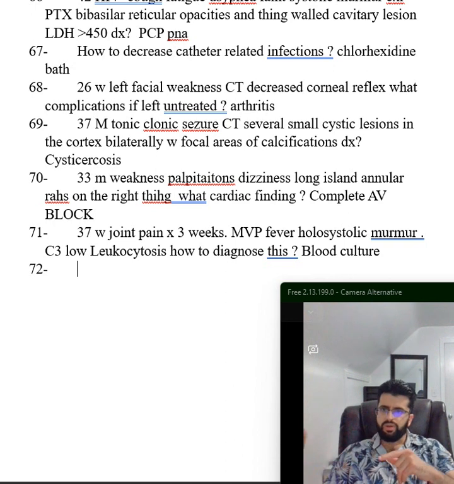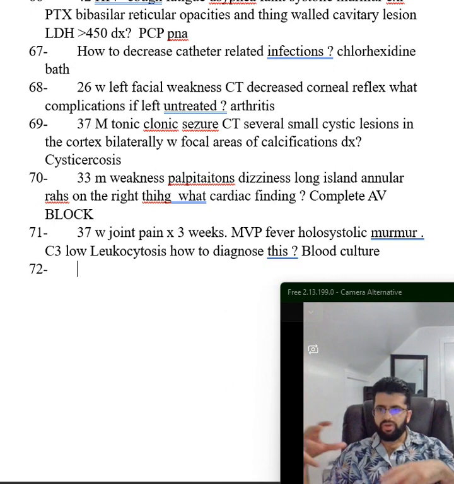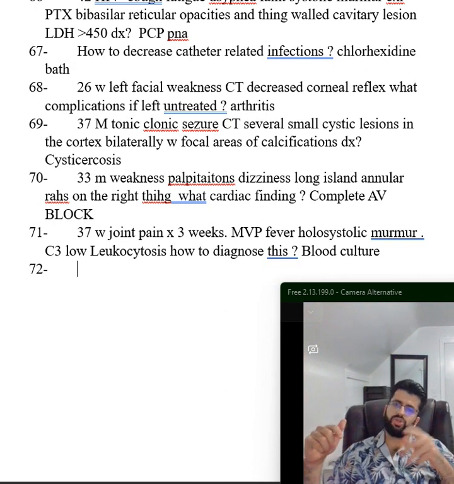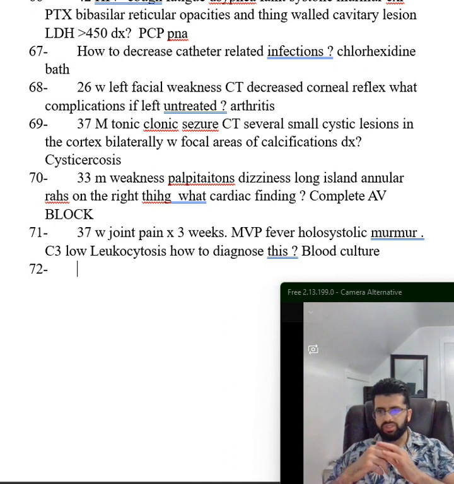And then if you just have 3 minors, then you need 1 major to diagnose it, okay? Possible endocarditis can be 1 major or 1 minor or 3 minors, so it is possible, okay? To make it definite, you need blood culture. That's in this case, okay?